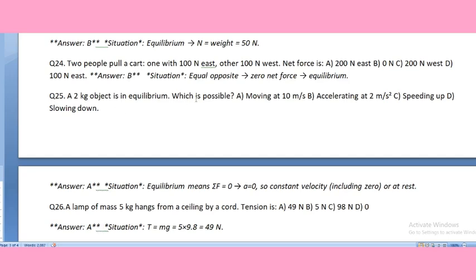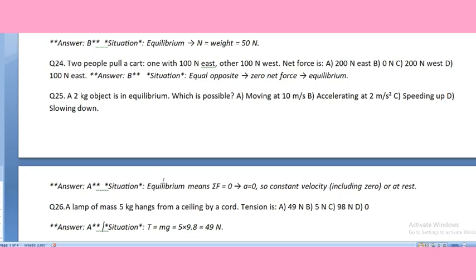The next question is question number 25. A 2 kilogram object is in equilibrium. Which is possible? Choice A, moving at 10 meters per second; choice B, accelerating at 2 meters per second squared; choice C, speeding up; choice D, slowing down.